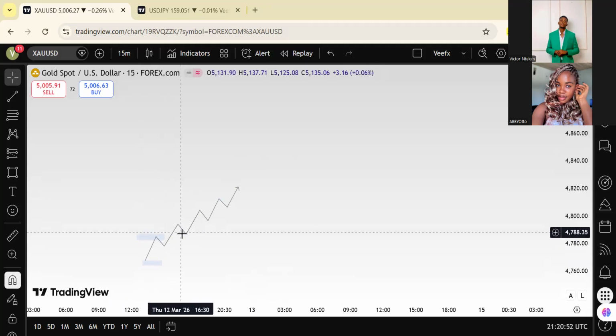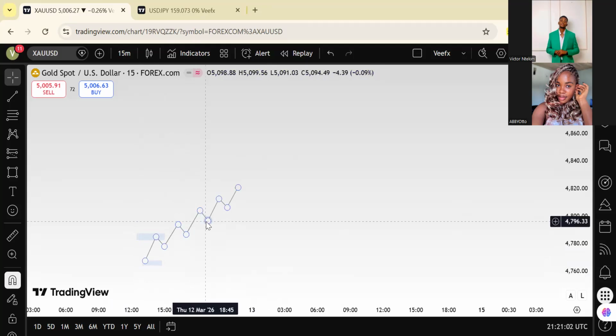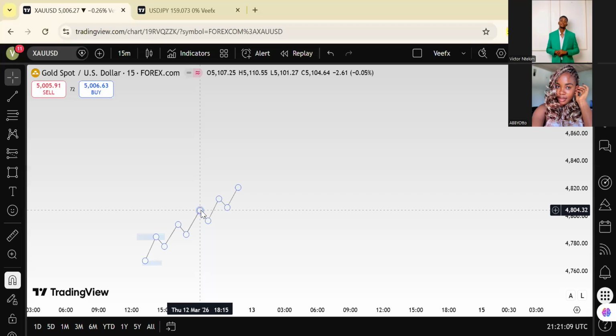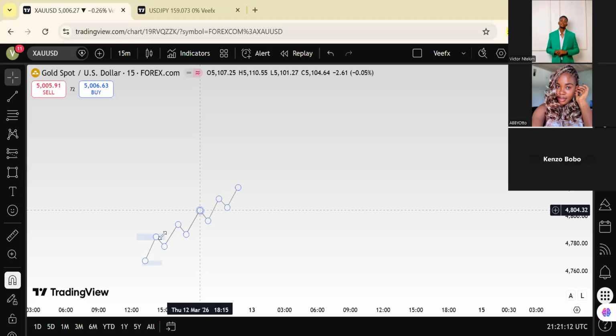Then when it creates a new higher low, that higher low needs to take out the recent higher high. So that's how the uptrend keeps going up.